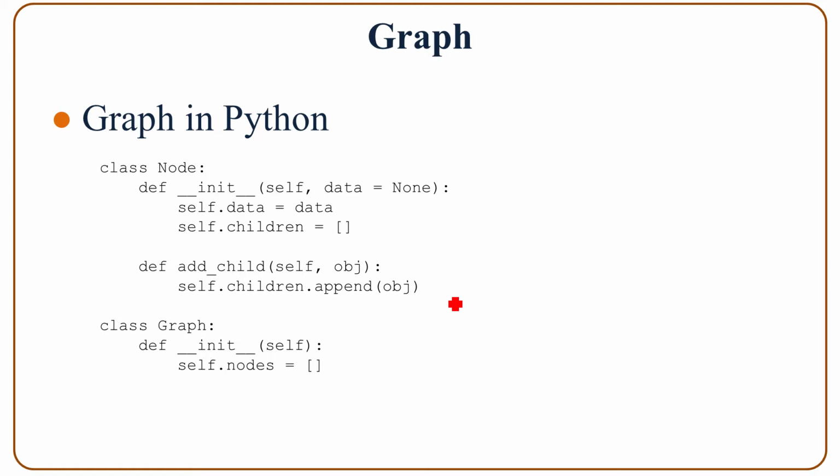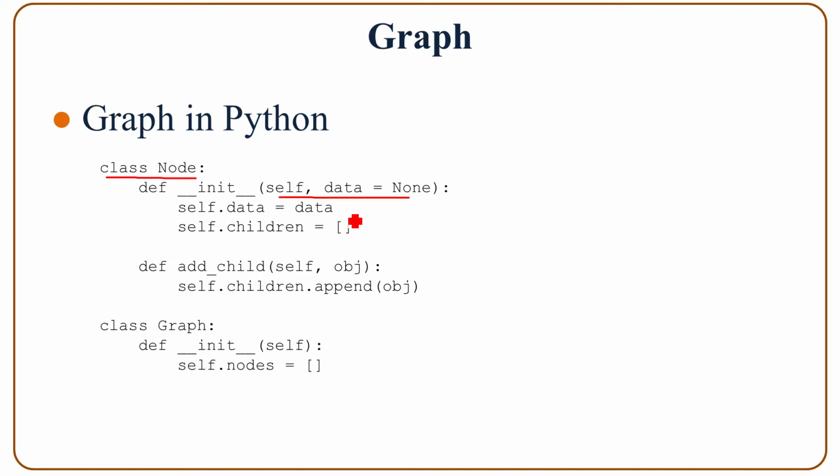Let's see how graphs are implemented in Python. Similarly, just like the implementation of tree nodes, we have a class, namely Node, and in the constructor, we have self and data.